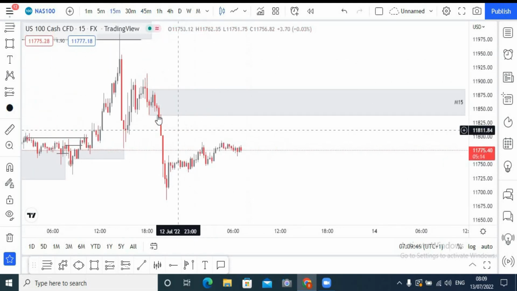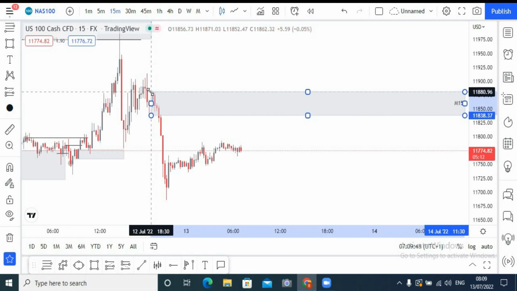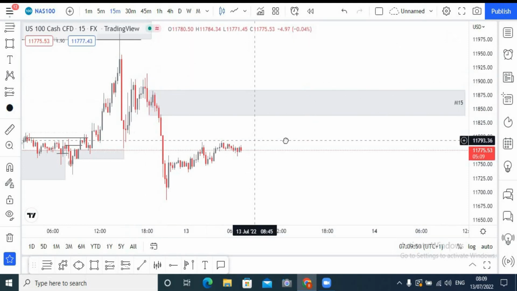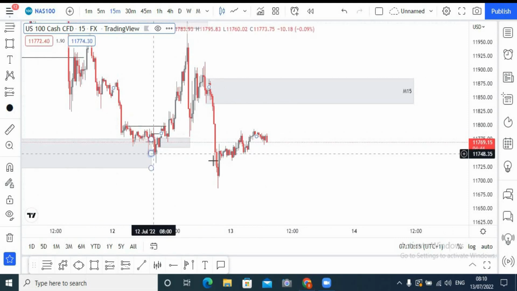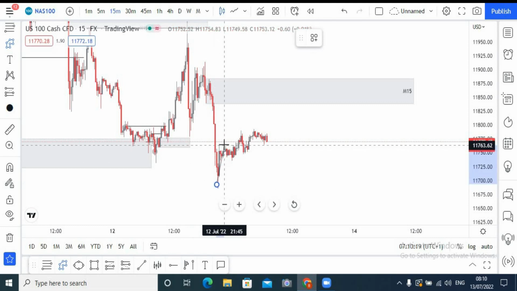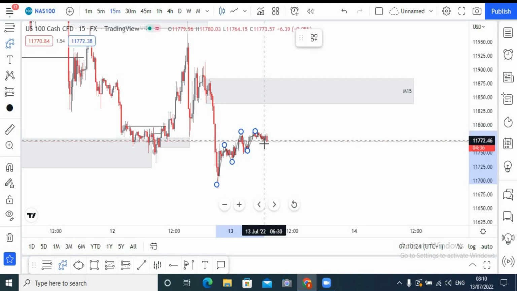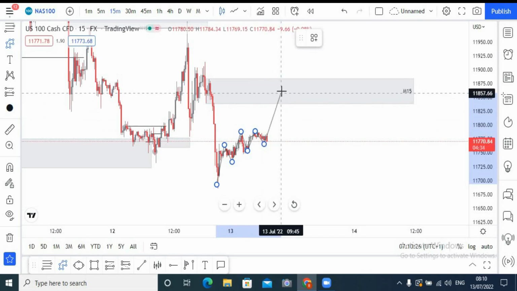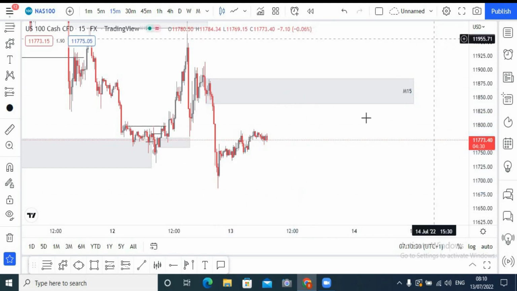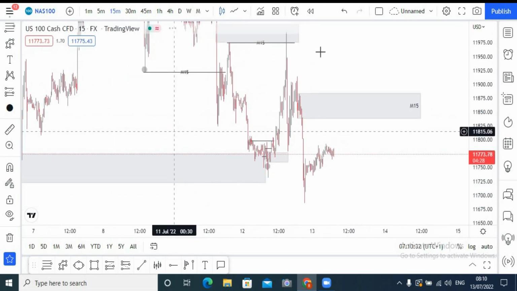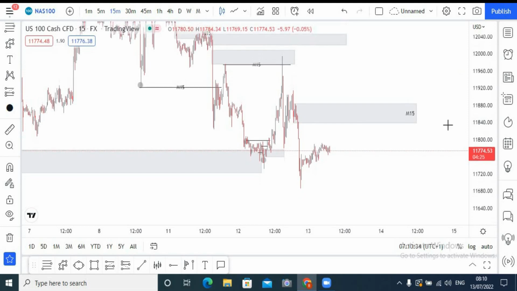And then if we do something like this, yeah, this is a zone where you look for your entry. So this is just a correction being created. So maybe price will give you something like this, and then they'll continue going to the downside.